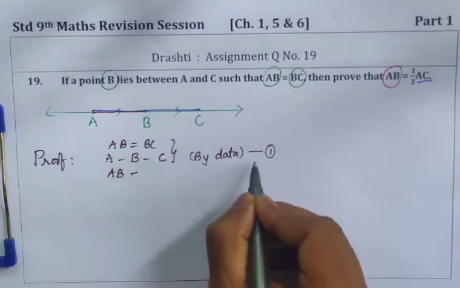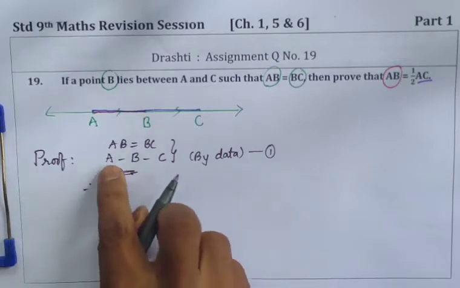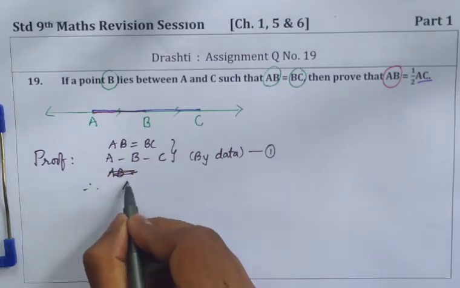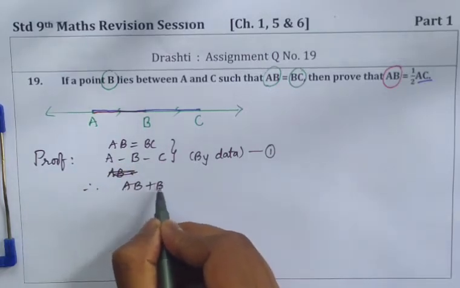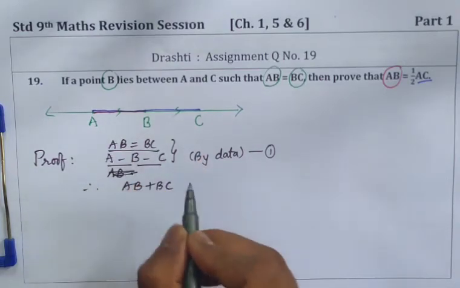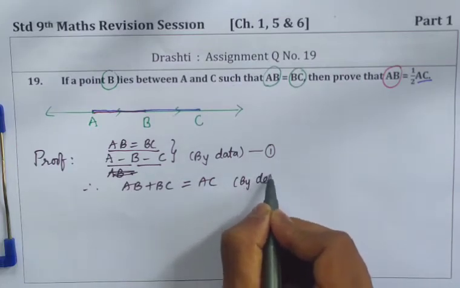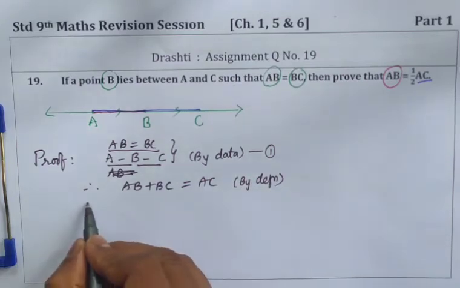And this combiningly by data, I'm calling it result 1. Therefore, since A-B-C, you have AB plus BC is equal to AC. That is by definition of betweenness, by the concept of betweenness.